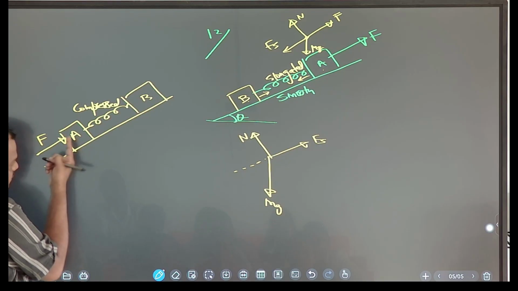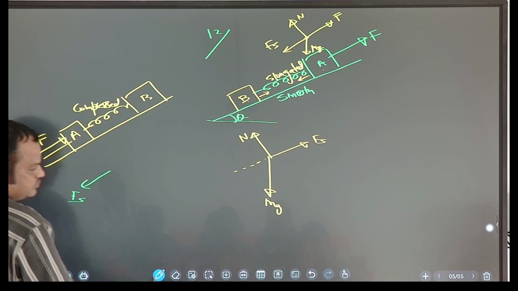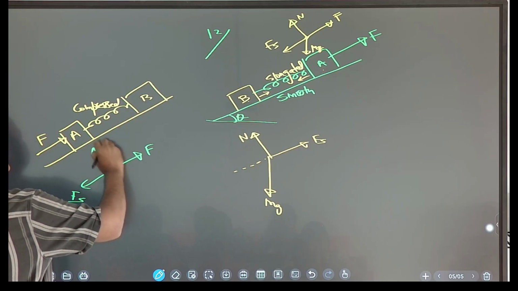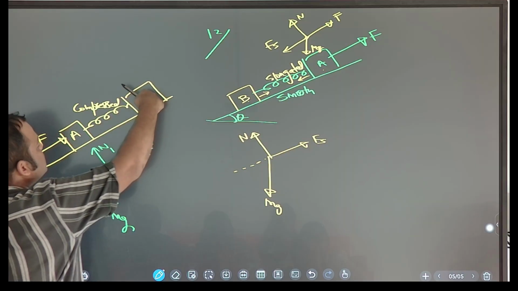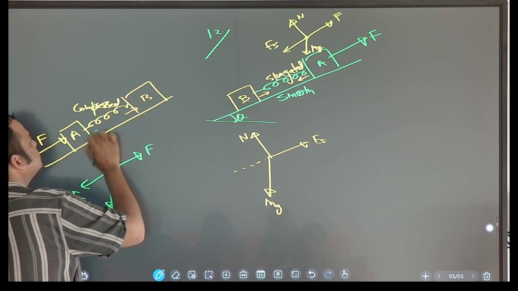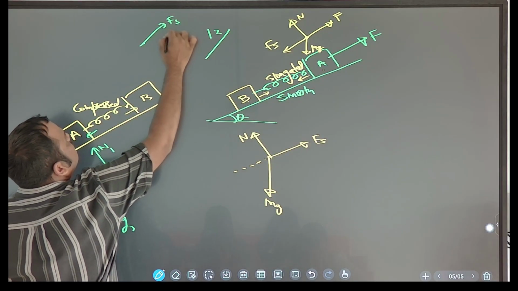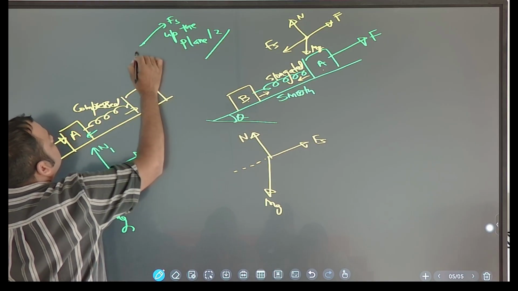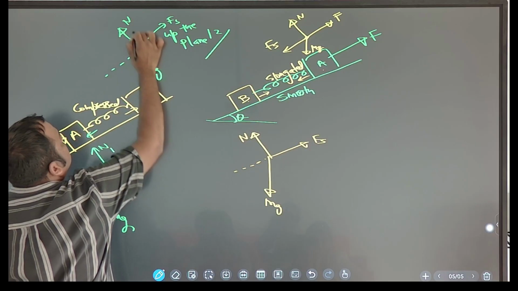Downward. So for A, Fs will be down the plane, this F will be up, normal N1, mg downward. For B, what is the direction of Fs? Up. So for B, Fs will be up the plane, mg downward, and this is normal, N2.